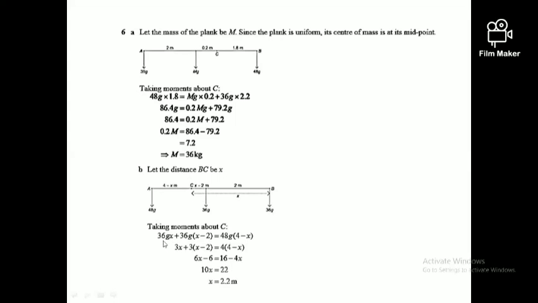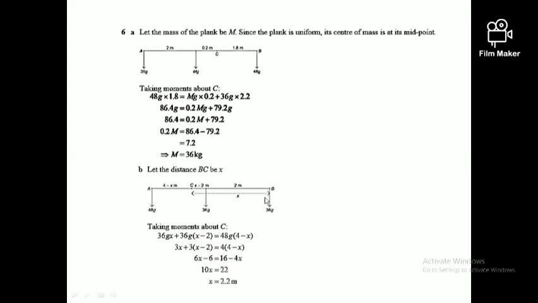Right. Then first I will get the clockwise moment. We know that the total length from here to here we consider as x, and the center of gravity to that point is 2. Therefore, this distance is x minus 2.